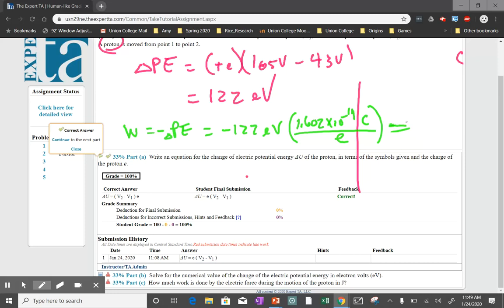Wait, what? Electron volts. What the negative? Because this negative right here, because that's the definition of change of potential energy, is minus the work.